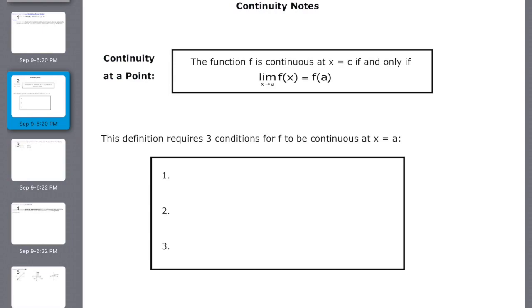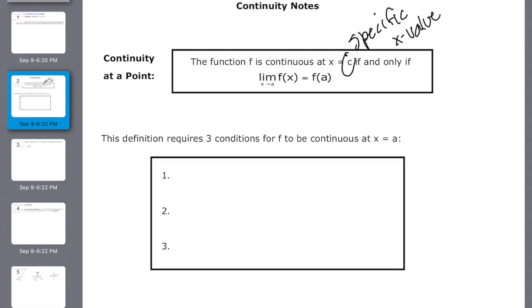So we talk about continuity at a point, and we say that the function f is continuous at x equals c. Anytime we use a c value, what we're talking about is a specific x value.